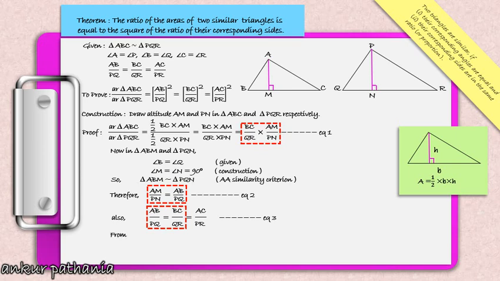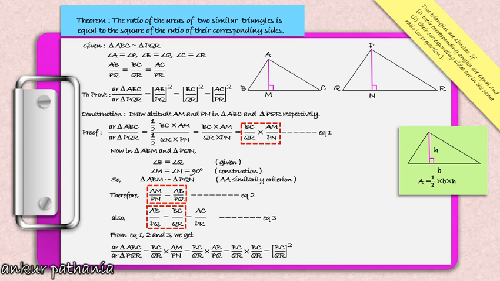So from equations 1, 2 and 3, we get area of triangle ABC upon area of triangle PQR is equal to BC upon QR multiplied by AM upon PN from equation 1. Then which is equal to BC upon QR multiplied by AB upon PQ.